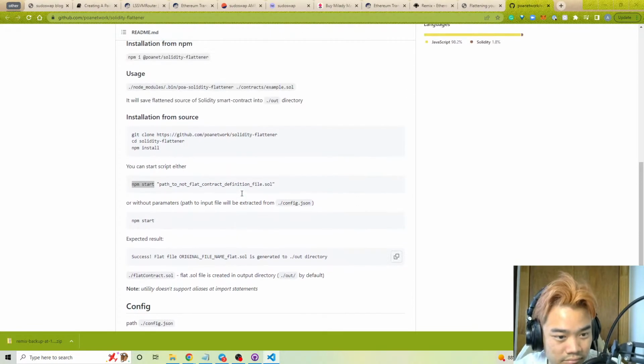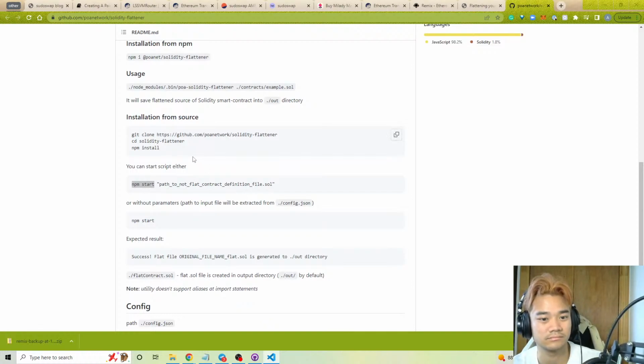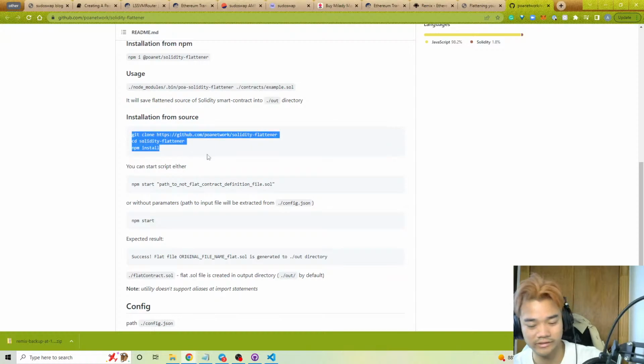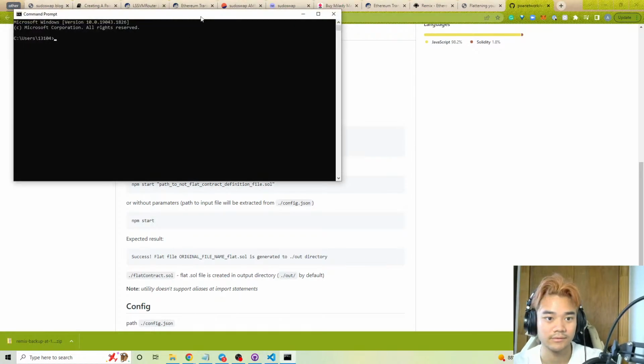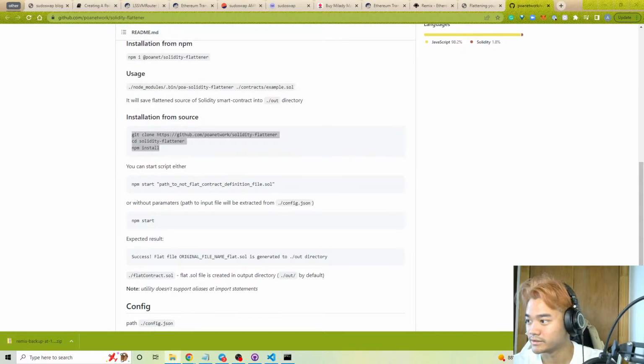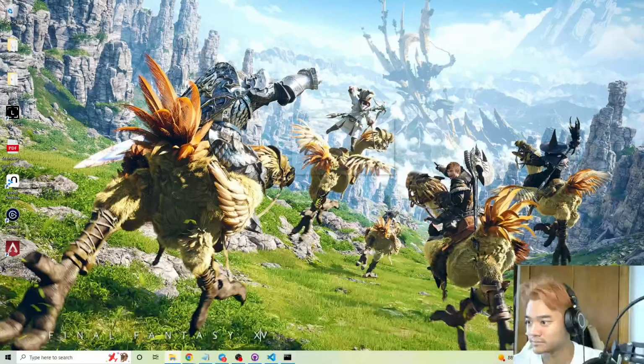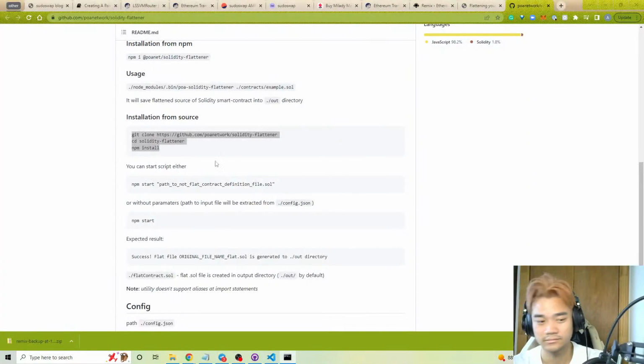Here, let me just do this instead. In case anyone wonders what I'm doing, I'm just trying to flatten this one file.